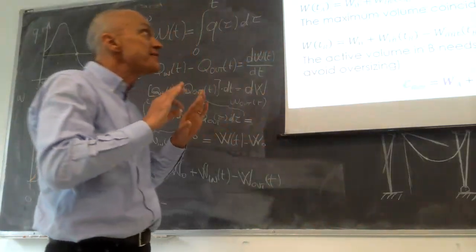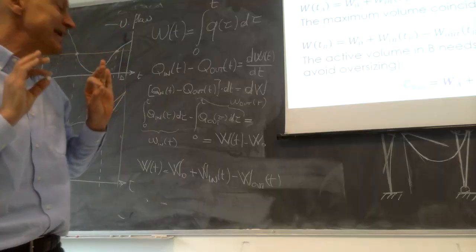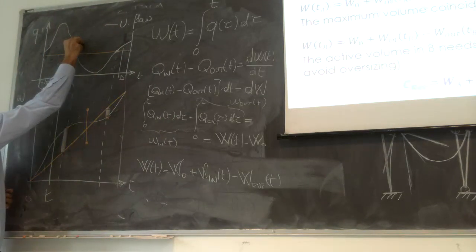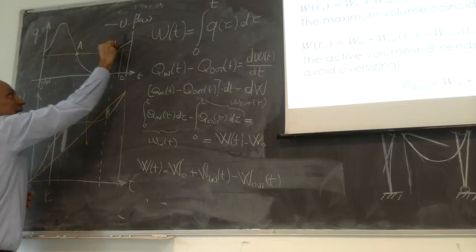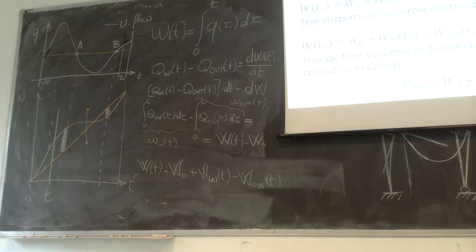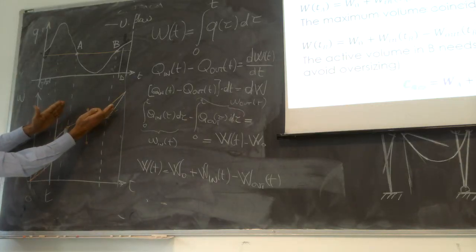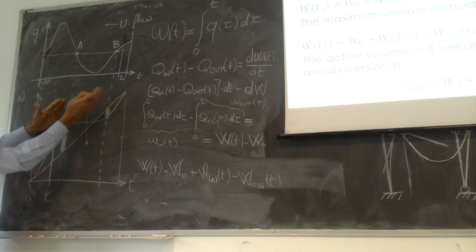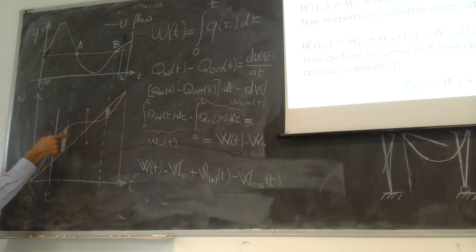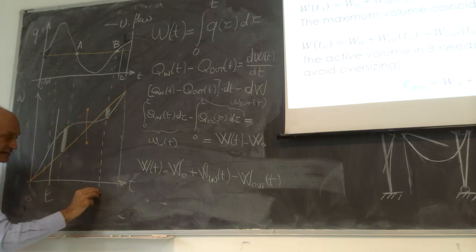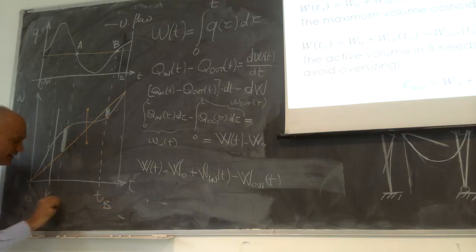So, what are the two most important moments in time here? These two, time A and time B, where the two discharges are the same. You remember, these are the two moments in which the shifted outflow mass curve becomes tangent to the inflow mass curve. So this is TB, this is TA.